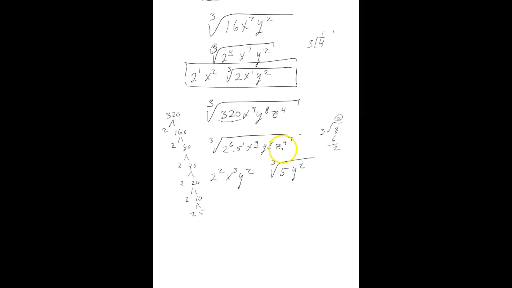Then we look at our z component, and 3 will go into 4 one time, so we can pull out 1 z. Then there's 1 left, so there will be 1 z left underneath. So the solution there would be 2 squared, which is 4, x cubed y squared z times the cube root of 5y squared z.